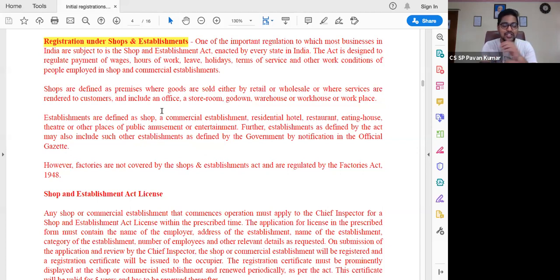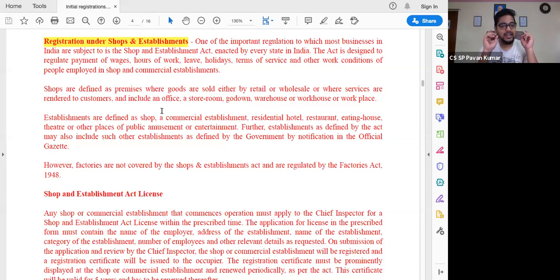Okay, so it includes everything. Even an office space, a showroom, wholesale, retail, wherever I'm rendering my services. It can even be a saloon shop, because I'm rendering my services to my customer here. Registration under the Shops and Establishment Act becomes mandatory.